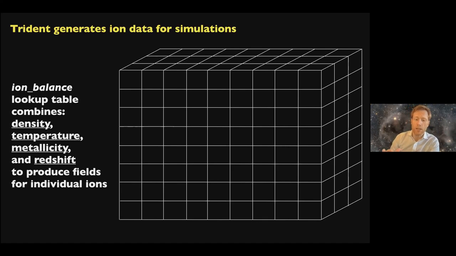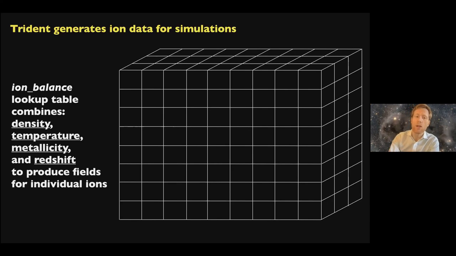And so the Cloudy runs got into an equilibrium state for that density, temperature, and redshift. And then we pull out the relevant phases of the gas once it's kind of converged.